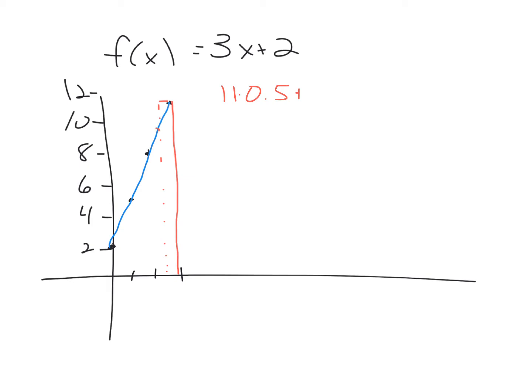This point right here all the way to where 2.5 is. When we put 2.5 in, we're going to get 9.5, so 9.5 times 0.5. Next one at 2. At 2, we put 2 in, it's 8, and of course the base is 0.5 again.